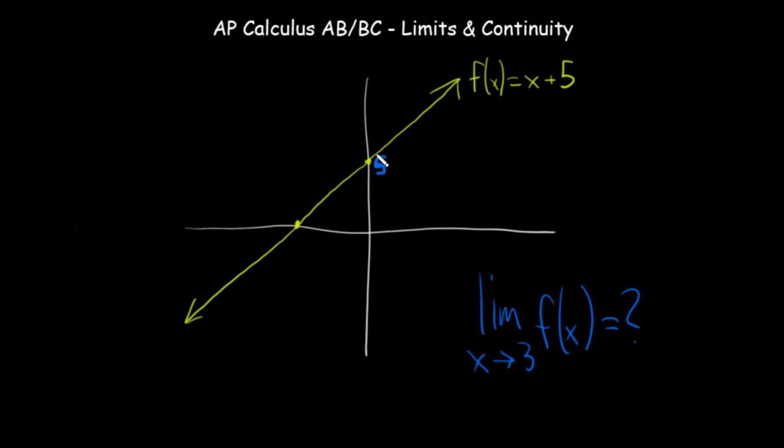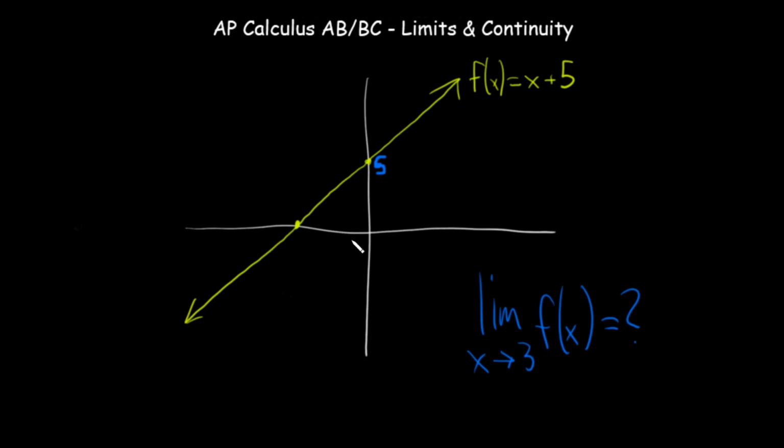We're not talking about x approaching infinity or negative infinity anymore. We're talking about actual numbers within the graph. So, with that being said, using this graph, what would the limit notation be as x approaches 3?